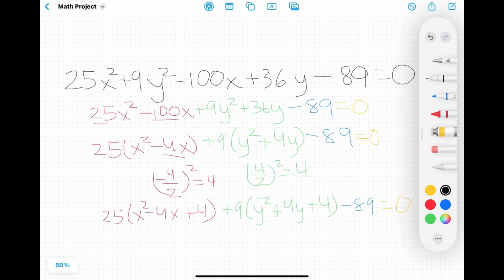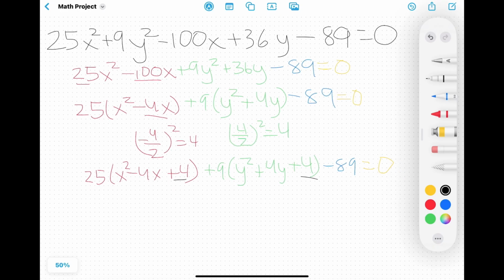But now that we added to the left side of the equation, we have to also add to the right side to make it equal. For the x term, we added 100, so we also have to add 100 to the right side. For the y terms, we added 36, so we also have to add 36 to the right side.